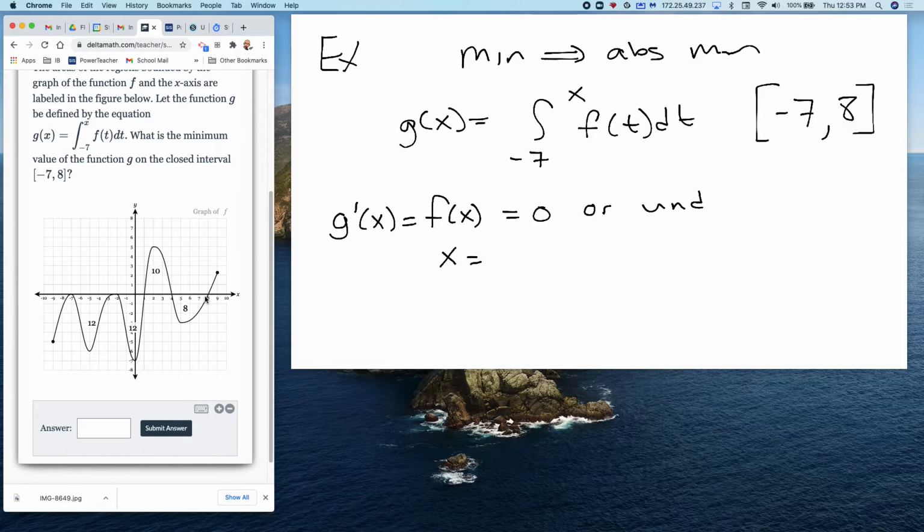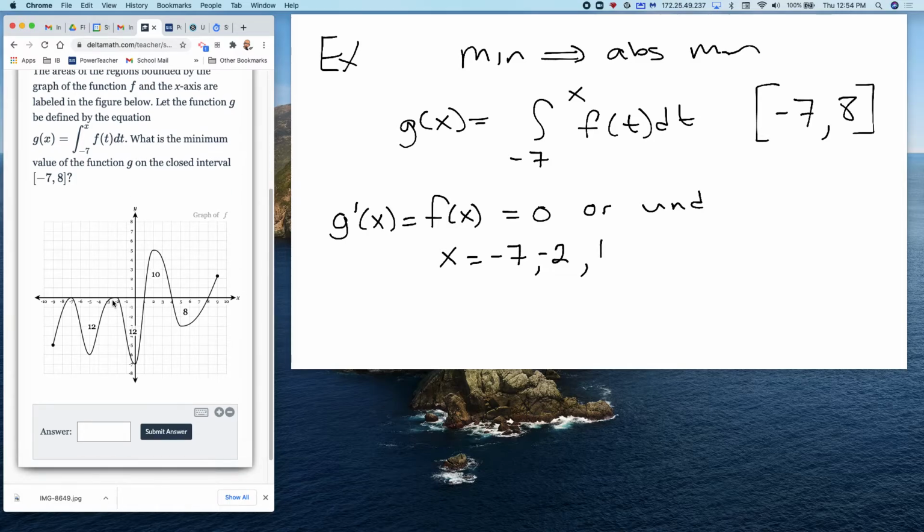That would be when x equals -7, but we're going to cover that because it's touching the x-axis right there. Looks like I'm going to say that that's -2. Let's say that that's 1. I don't know if they told me that, but that's what we're going to go with. I think on an AP exam, they'd actually tell you that's -2, but if we zoom in, that's where it is. We're going to say 4. That's another place that f equals 0. And 8.